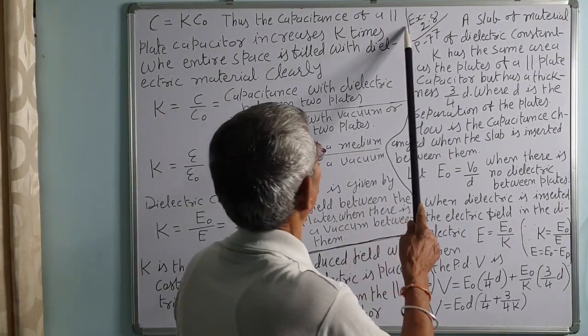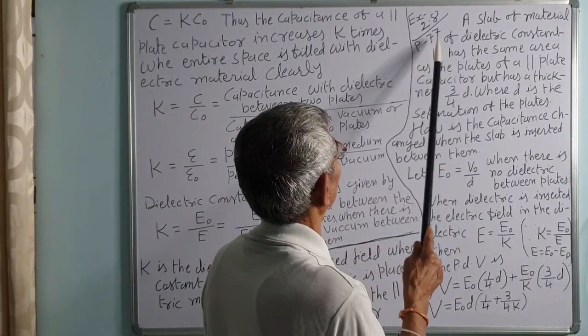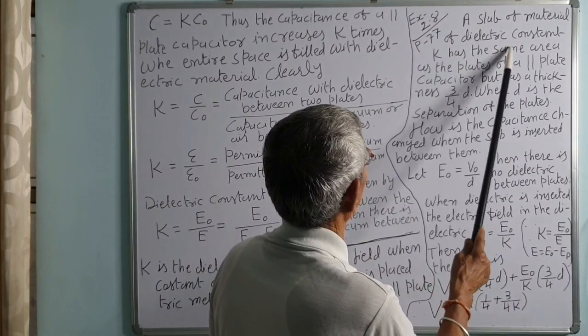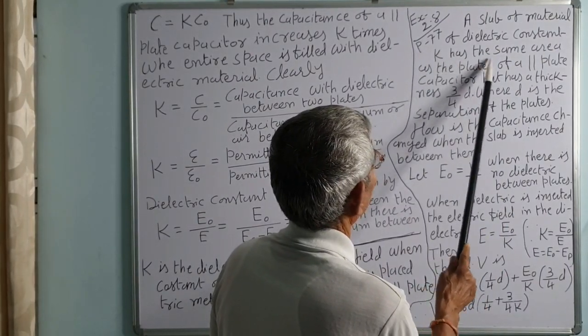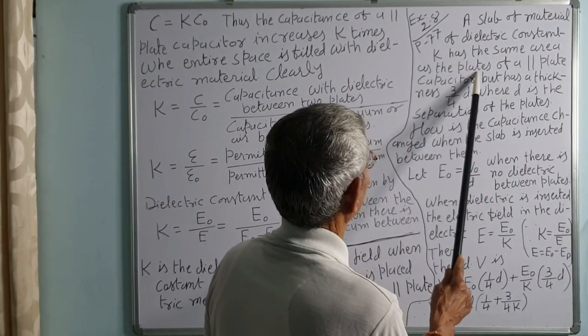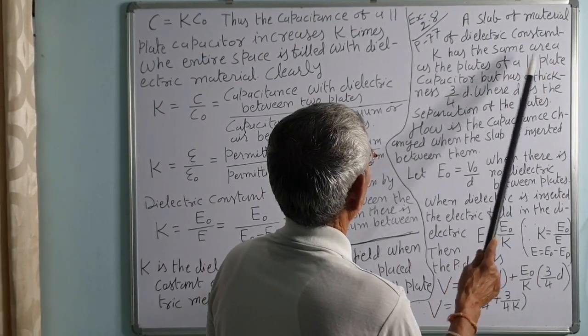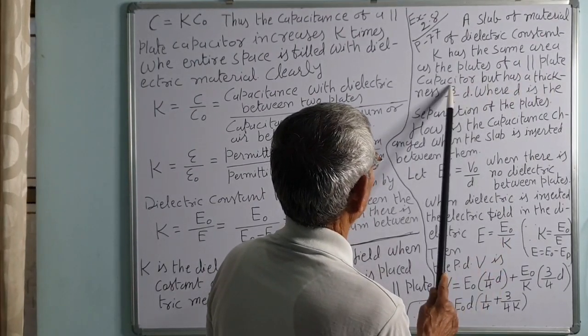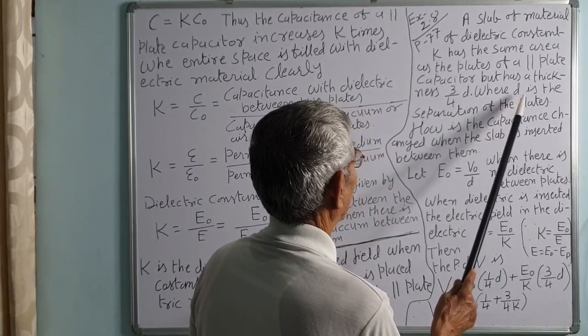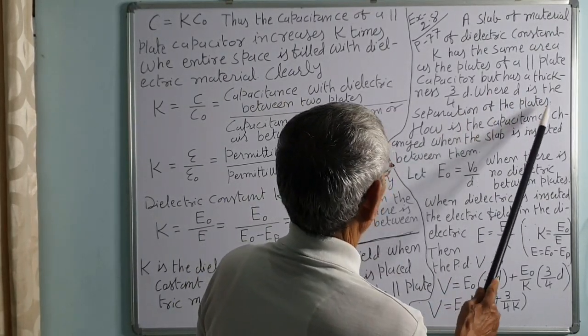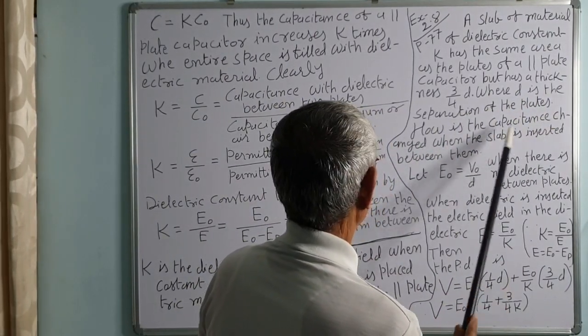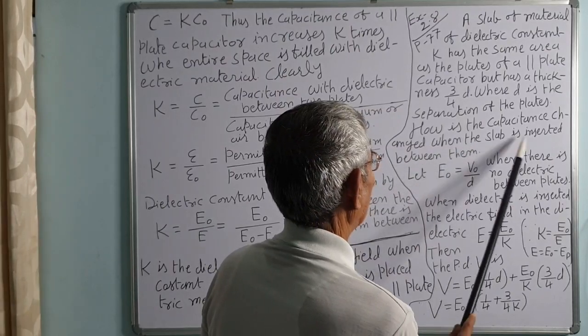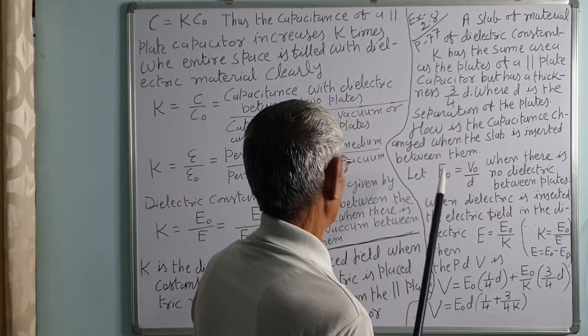Now, let us see example 2.48, page number 77. A slab of material of dielectric constant K has the same area as the plates of a parallel plate capacitor, but has the thickness 3/4 D, where D is the separation of the plates. How is the capacitance changed when the slab is inserted between the plates of the capacitor?